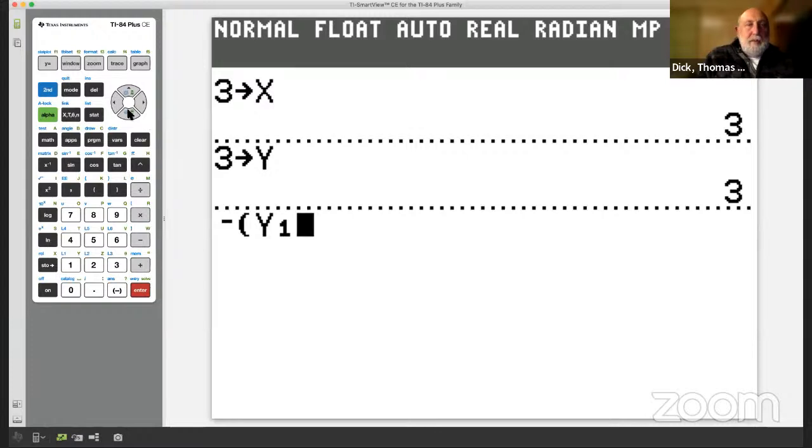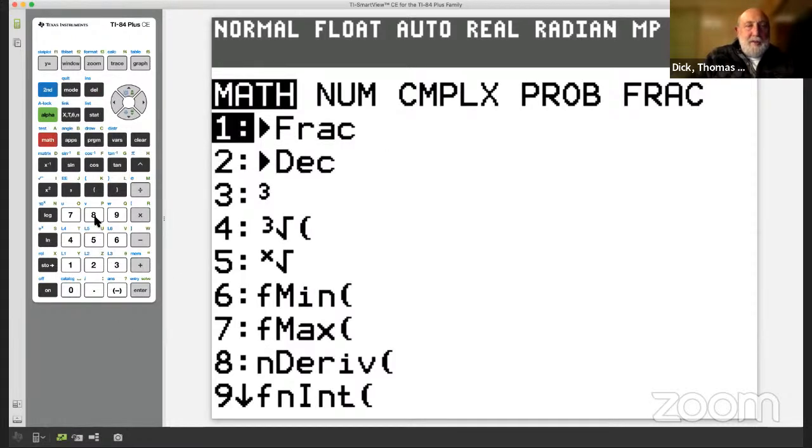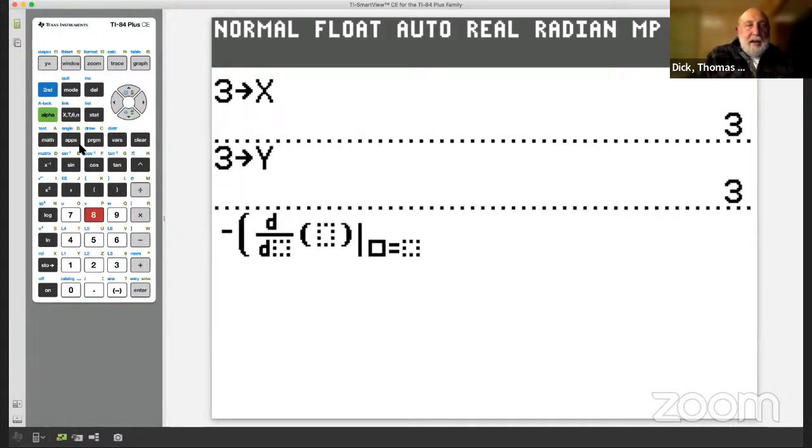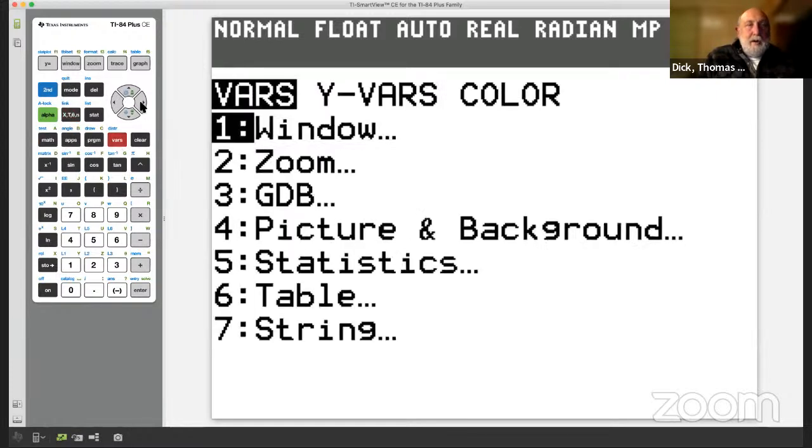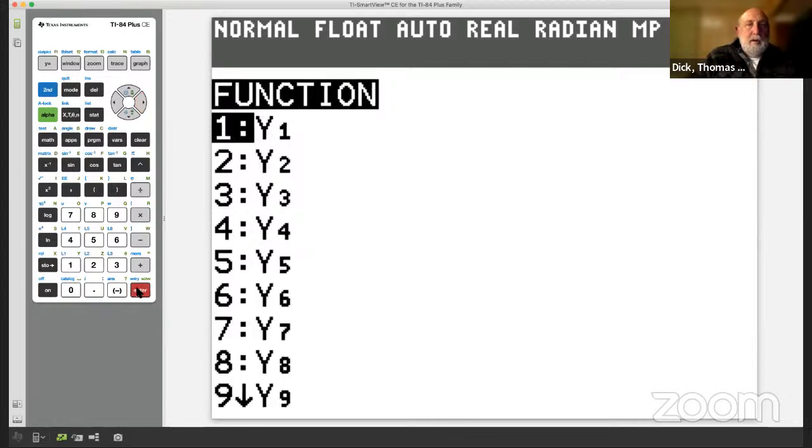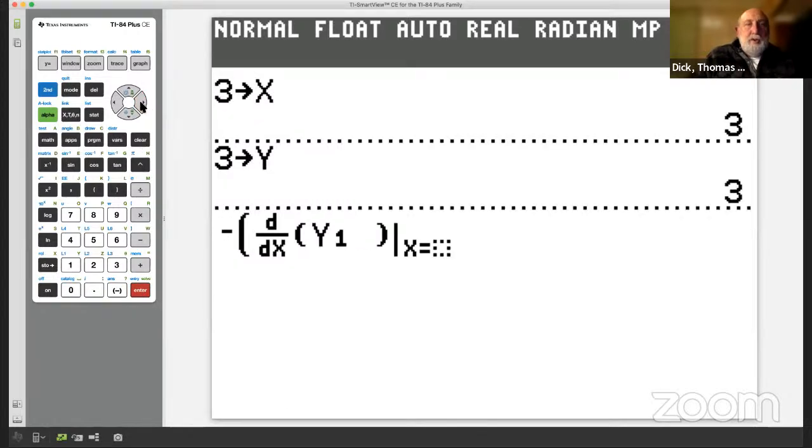I messed up again here, sorry about that. I need the derivative, right? So let's get the numerical derivative up there, and we'll take the derivative with respect to x of my y1, and we'll do that at x equals 3.